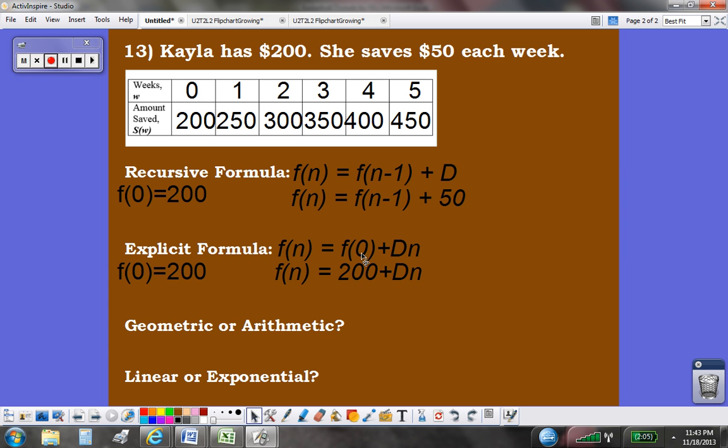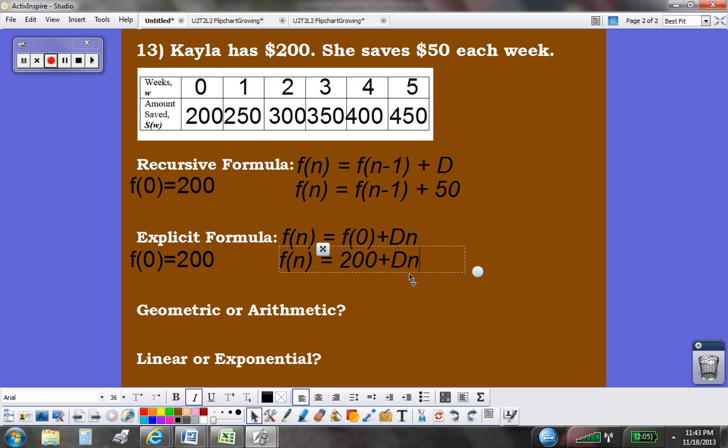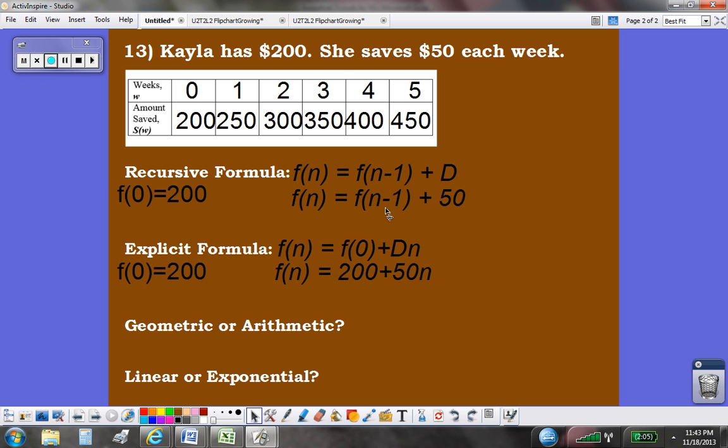So if you keep it as f of 0, that's not going to help you figure this out. D is the same as before, that's 50. And so really, the n is the only thing you want to remain n. Okay, that way if you are asked to find, let's say, the 7th term, you are ready to plug in that 7 and solve it. Okay, same thing up here.